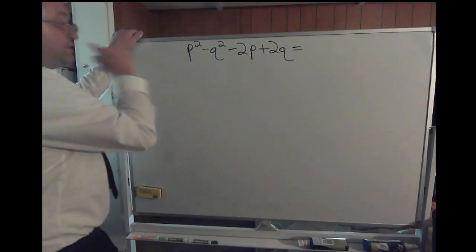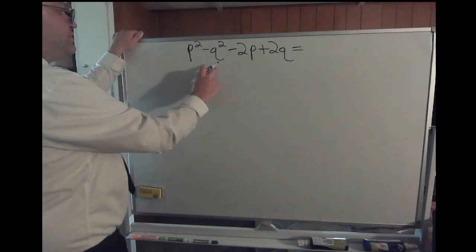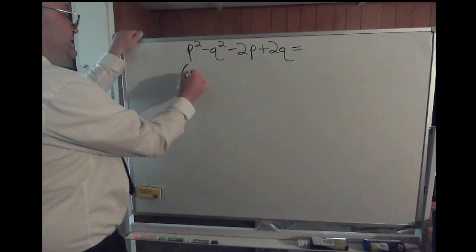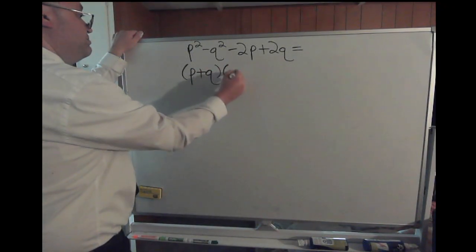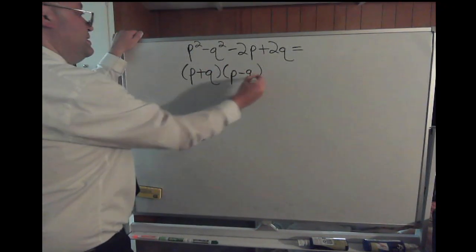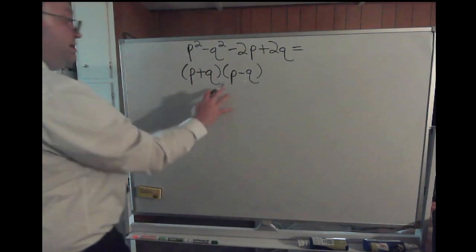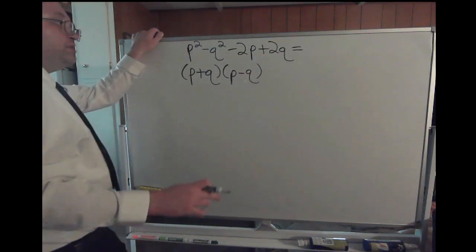If we look at the factors of p squared minus q squared, you would get the quantity of p plus q times the quantity of p minus q, right? That's the factorization of p squared minus q squared. That much we've done now. Now you have negative 2p plus 2q.